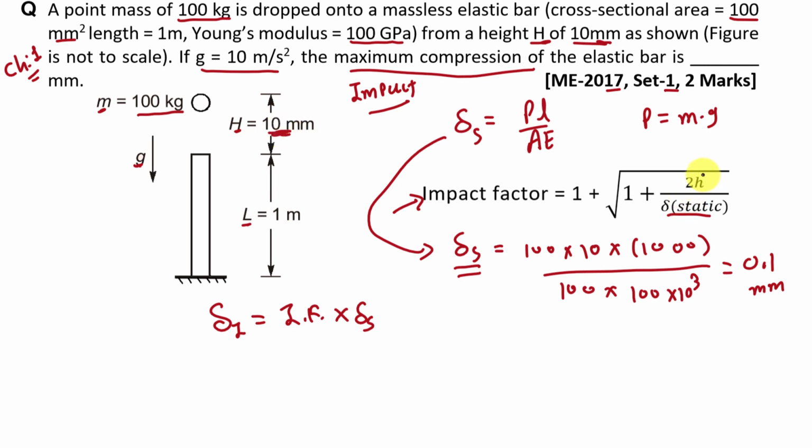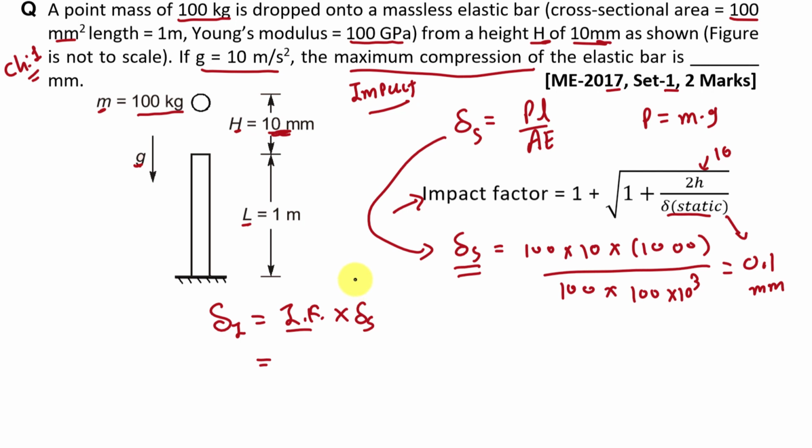So here we have to put h is equal to 10 mm and this delta static is equal to 0.1 mm. So from this equation you will get value of impact factor, and if you will multiply this impact factor with value of delta static, that is 0.1 mm, then finally you will get deformation due to impact load, and that will be the maximum value of compression of this elastic bar.